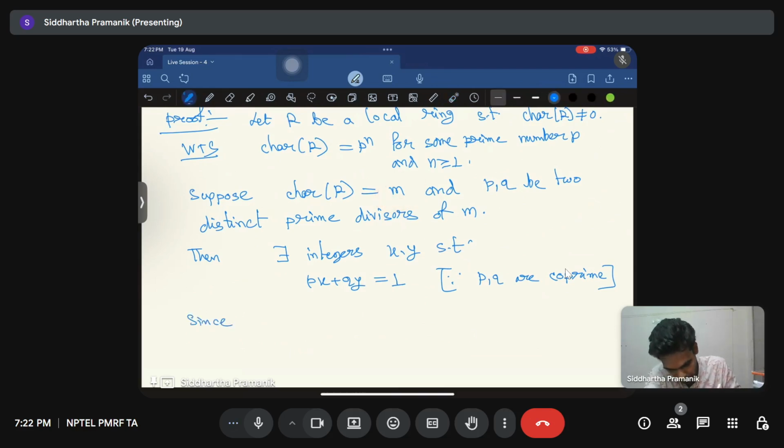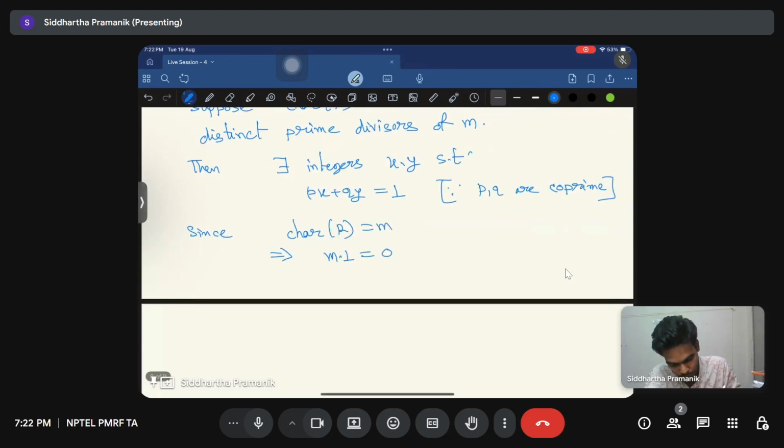Since characteristic of R equals m, that implies m times 1 equals 0. But we can write m as pqd for some natural number d, because both p and q divide m. So this implies pqd times 1 is 0.